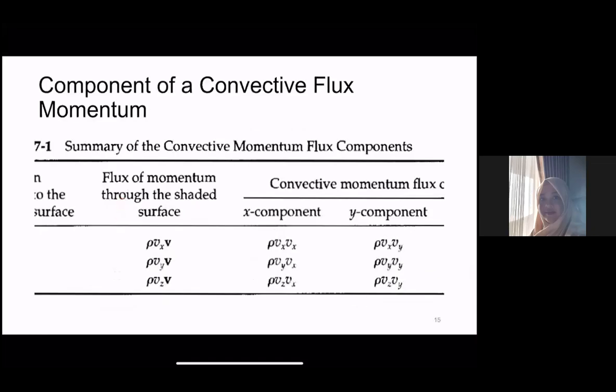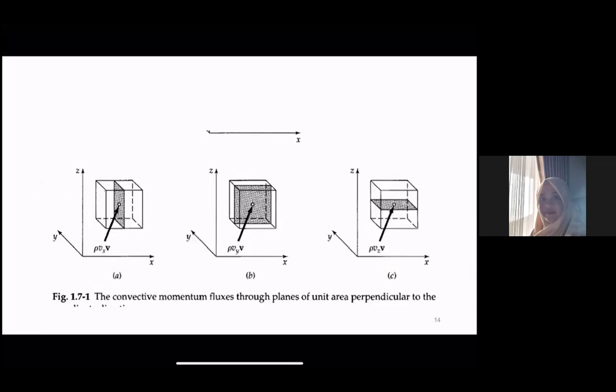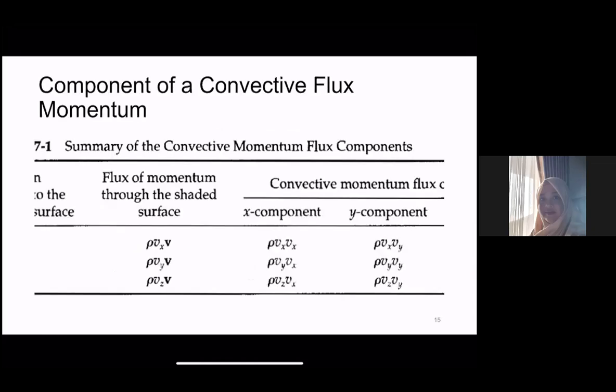Then here is the formula, rho vx v, and also this one, rho vz v. If we break down the vector again, the components are vx, vy, and vz.